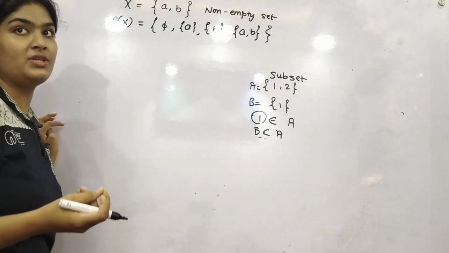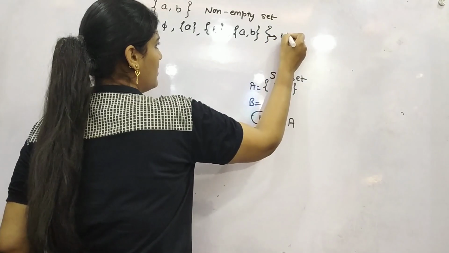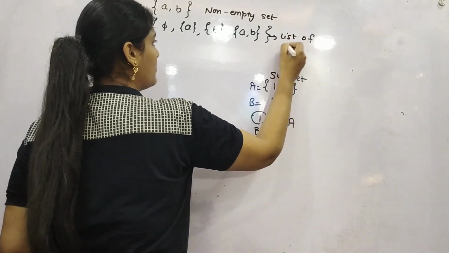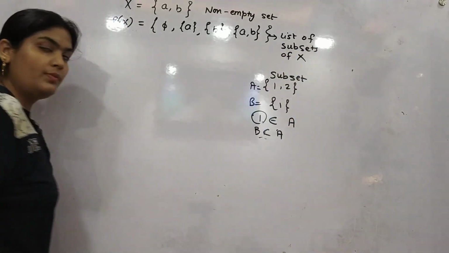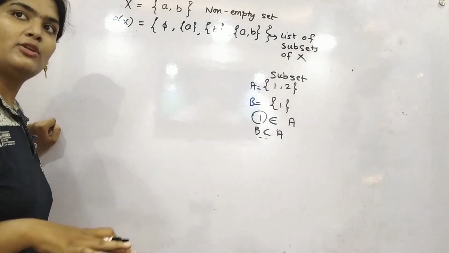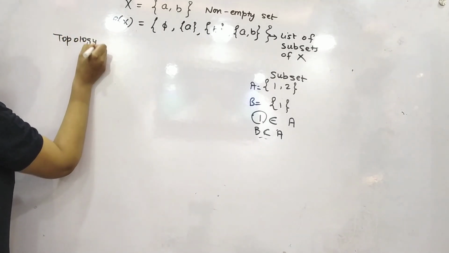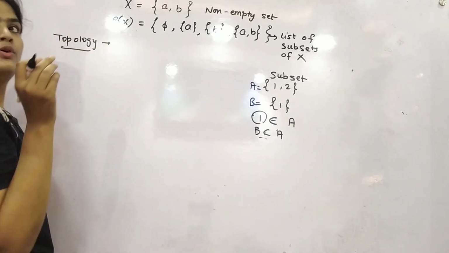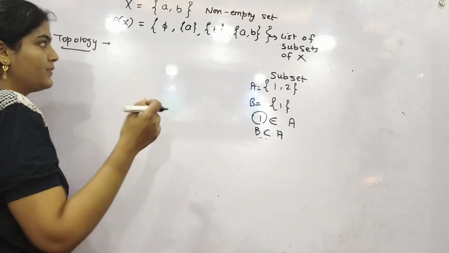Now, if you want to check whether this power set, that means a set having all the subsets of X, is a topological set or not, then for topology, a particular set should satisfy 3 conditions.